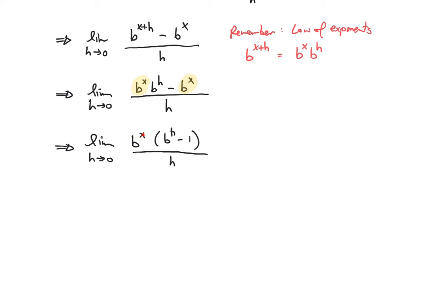So I can factor that out of my limit completely. So for the next line, I can write b to the x times the limit as h goes to 0 of b to the h minus 1 all divided by h.